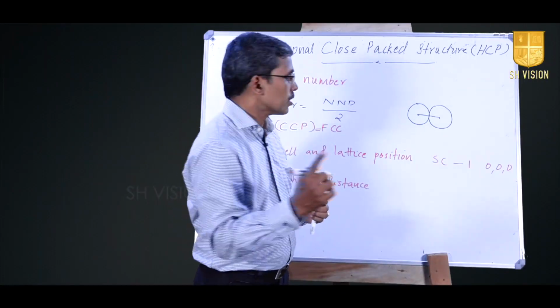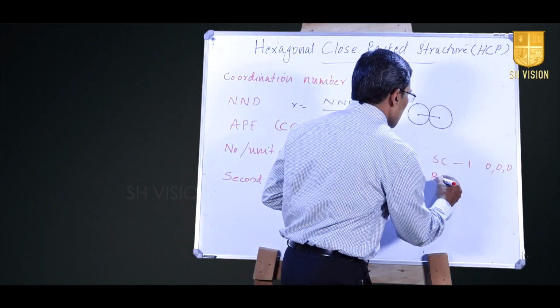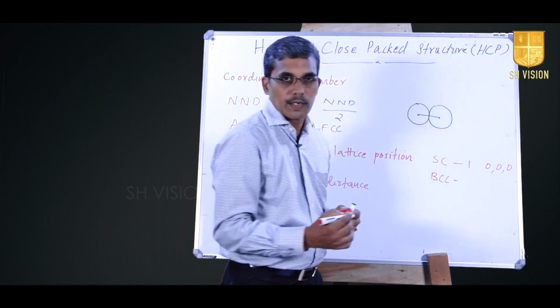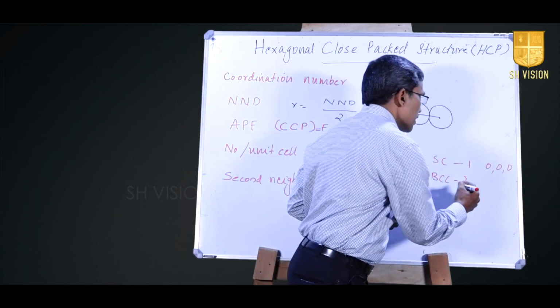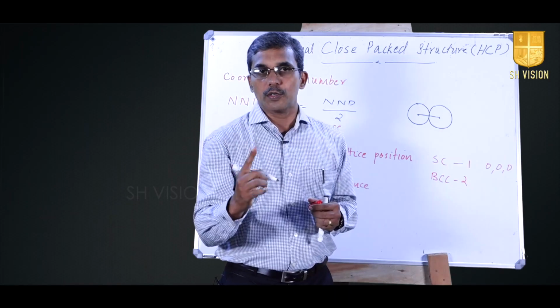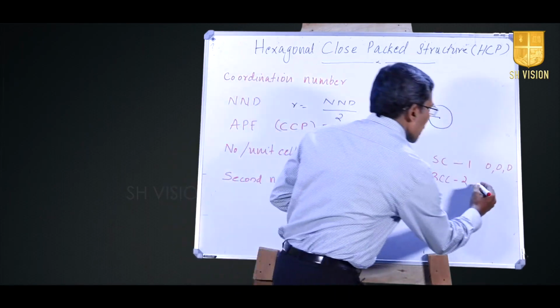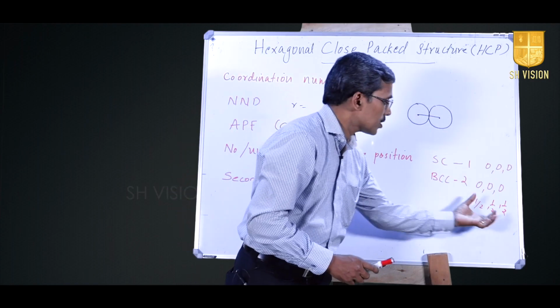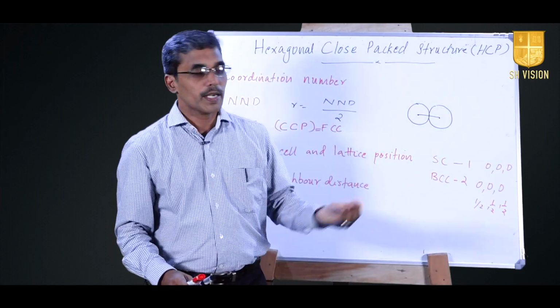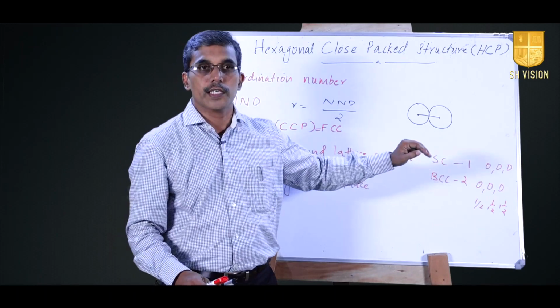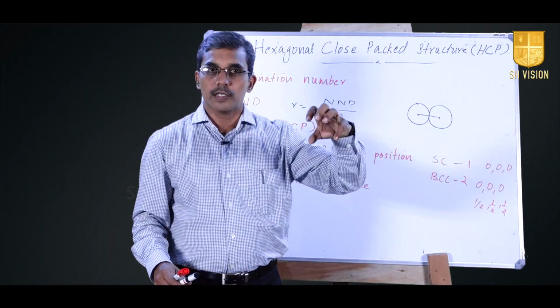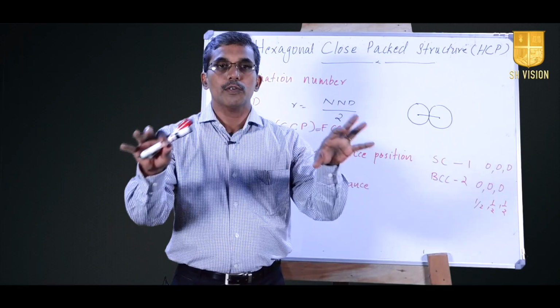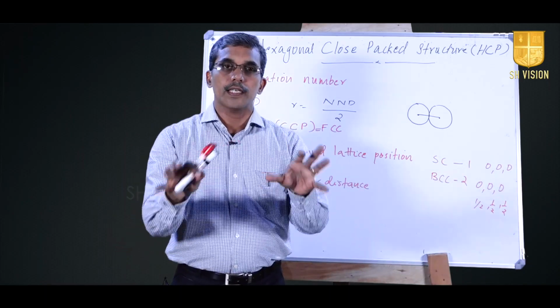Whereas in the case of body centered cubic crystal, the number of atoms per unit cell was found to be 2, and it was given lattice positions 0, 0, 0 and half, half, half. This half, half, half is known as body centering translation. So by repeated application of this body centering translation on lattice points in body centered system, you will be able to reproduce or realize the complete space lattice.